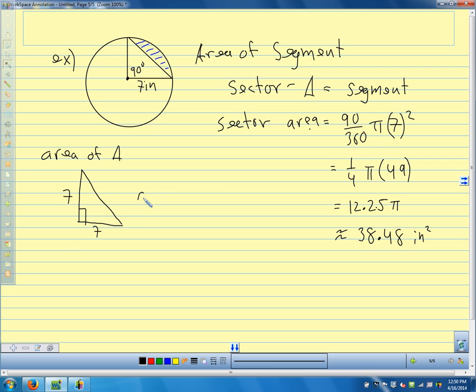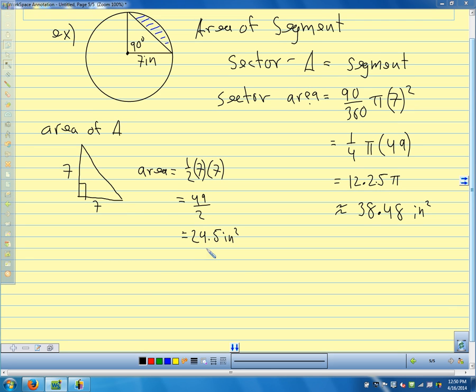So the area is 1/2 the base, 7, times 7. 7 times 7 is 49 divided by 2, and that is exactly 24.5 square inches.